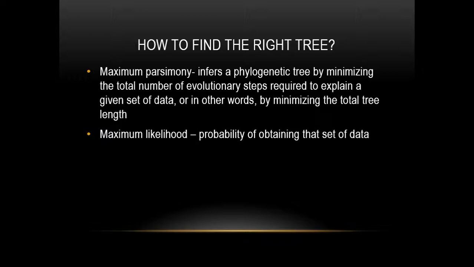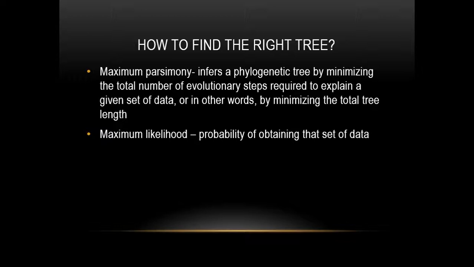So maximum parsimony minimizes the number of steps and levels in the tree, so you can look at different trees, and usually a smaller tree will be more correct than a larger tree.